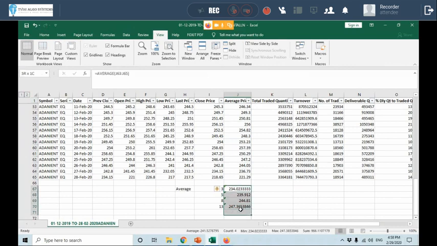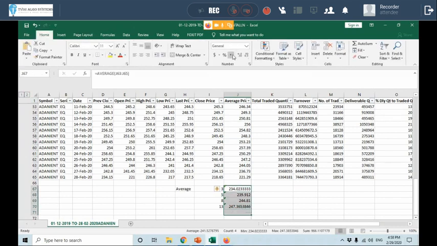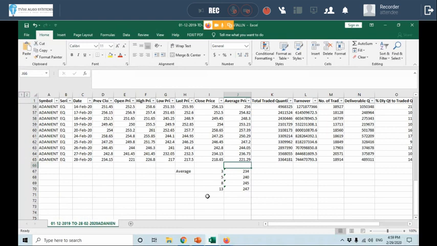So if I see this average, obviously in the last couple of days we know what's happening in Nifty, so the difference is very high. But see, for the last 13 days the average is 247. Last 8 days average is 245.